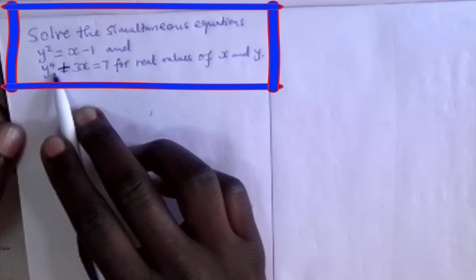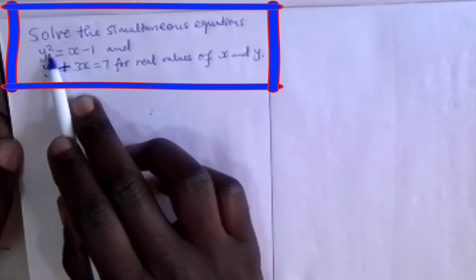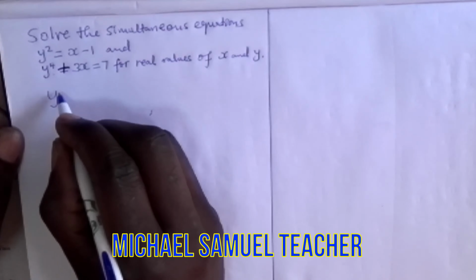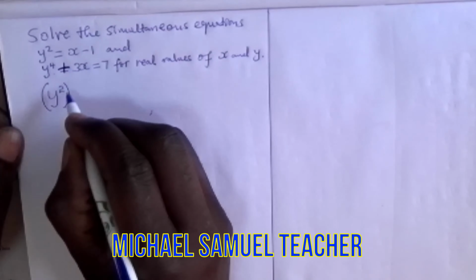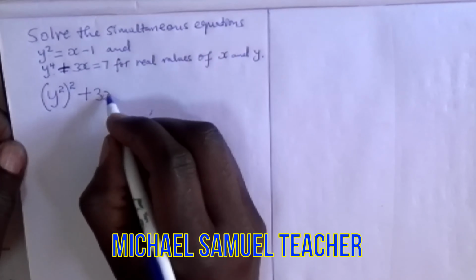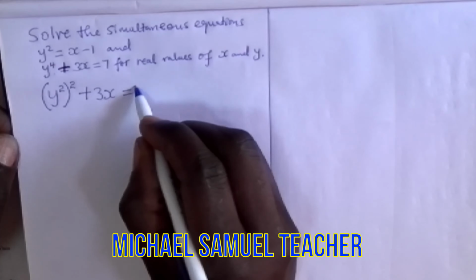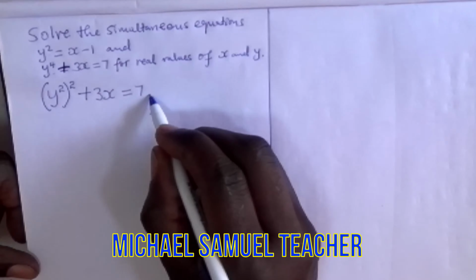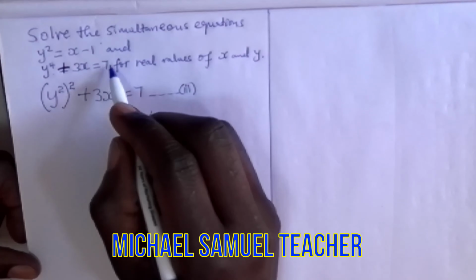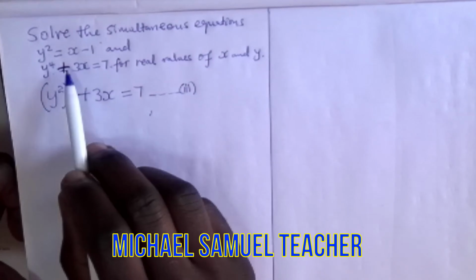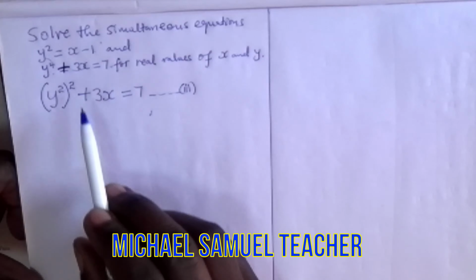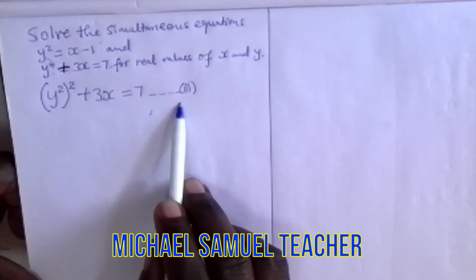For the second equation, we can write it in terms of the first one. So y raised to 4 can be written as (y squared) squared, plus 3x is equal to 7. We can call this the third equation. In the first equation, y squared is equal to x minus 1, so we can substitute it into the second equation.